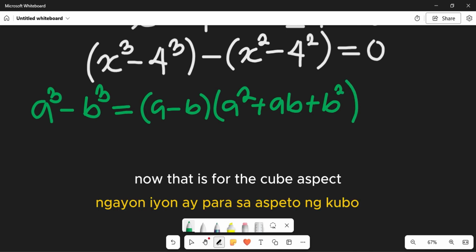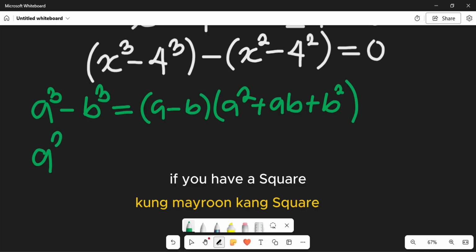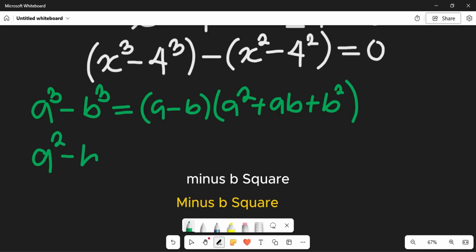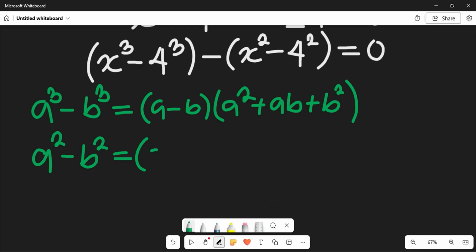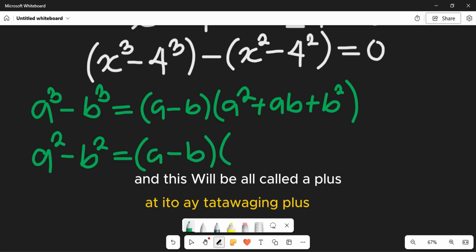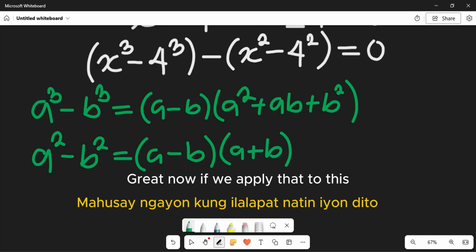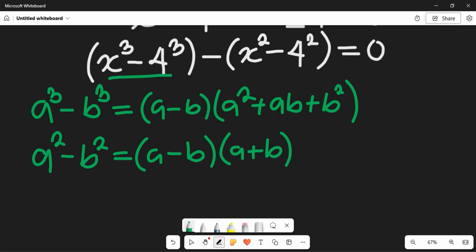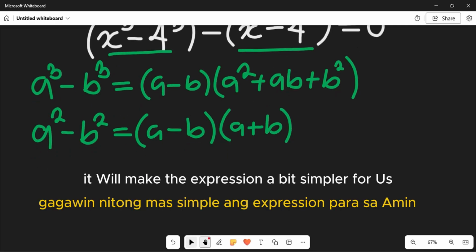Now that is for the cube aspect. Now let's look at the square aspect. If you have a square minus b square, this can simply be equal to a minus b multiplied by a plus b. Great. Now, if we apply that, it will make the expression a bit simpler for us.